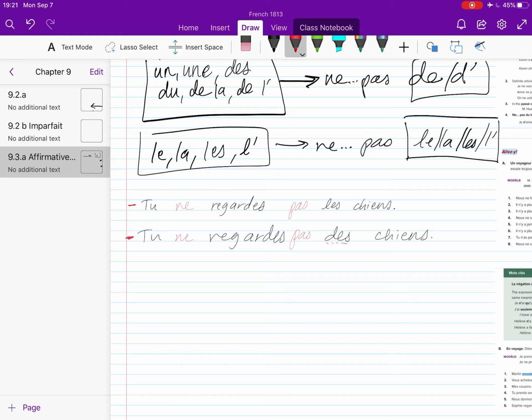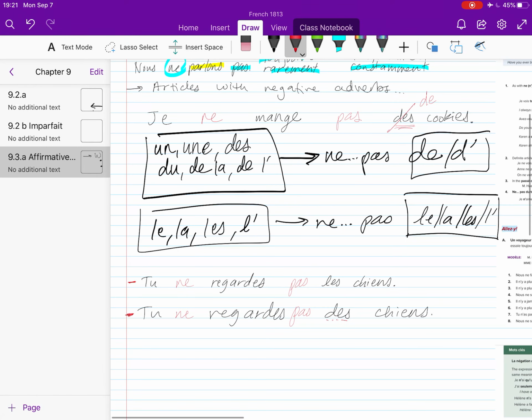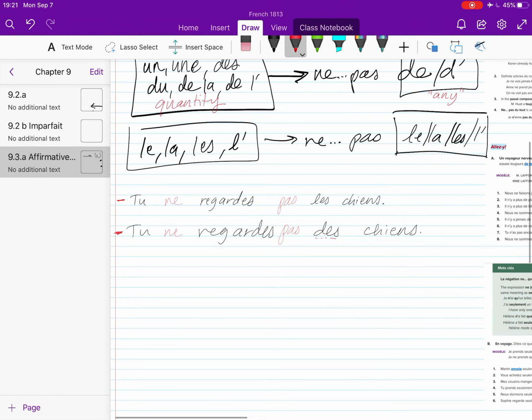So when you have these articles that are really quantity articles, okay, these are quantity, then what's going to happen is when you negate it, you're kind of trying to turn it into sounding like, oh, you're not doing it at all. You're not doing any of that thing. So because of that, you go for the most general form, and this will become de or d apostrophe in the case of a vowel. Okay?